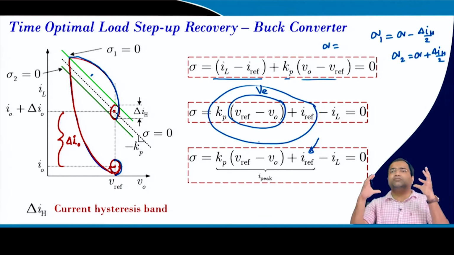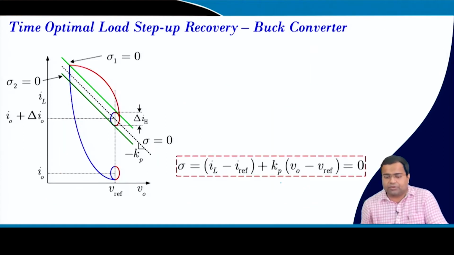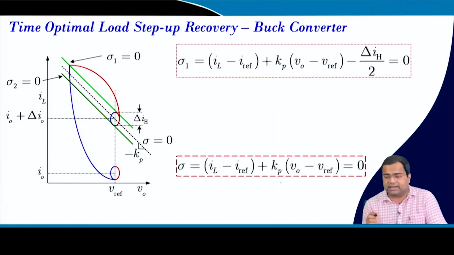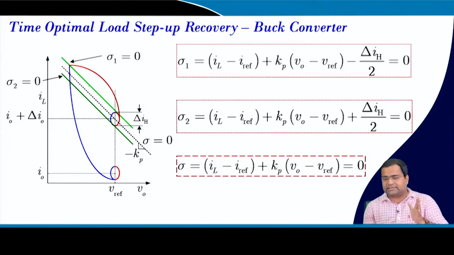So, it is like proportional control with load current feed forward, which is compared to the inductor current, that means this is a peak current. If you put a hysteresis band, delta H by 2 is created on either side, so that the overall band is delta H, and you have to choose delta H in such a way that our steady state switching frequency meets the desired switching frequency requirement.